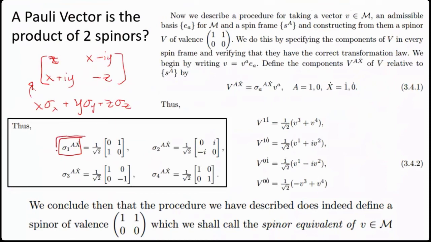This is basically saying these are all rank 2 spinors with a contravariant index and a contravariant dot index. Again, I don't understand this yet, but it's trying to say that Pauli vectors are rank 2 spinors because they have two spinor indices.